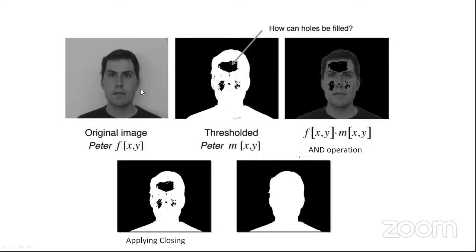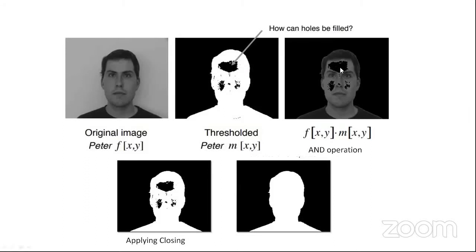Basically, we have this image. We got this mask after applying the threshold. Then we will perform an AND operation. I said that it is the bitwise operation that helps us for masking purposes. If you perform an AND operation, then the background will be converted to 0 and you will get this intersection of the face.